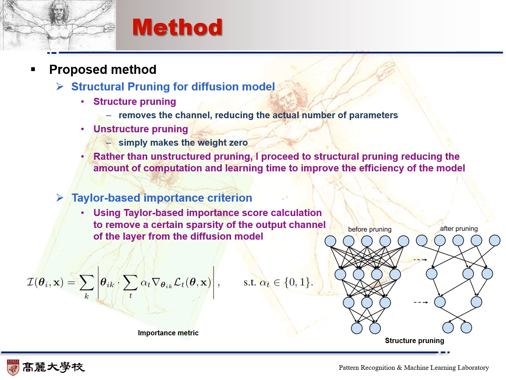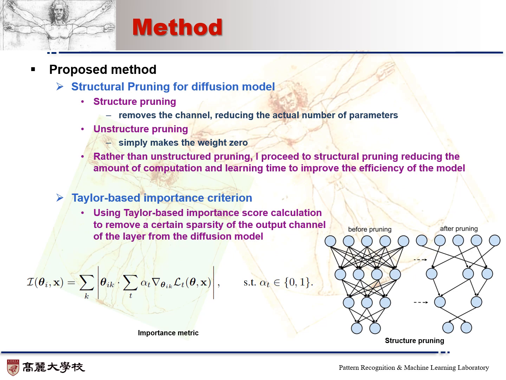On the right, an illustration visually demonstrates the effect of structural pruning. Before pruning, we see the fully connected structure of the model. After pruning, several nodes and their connections have been removed, reducing the model size and complexity.